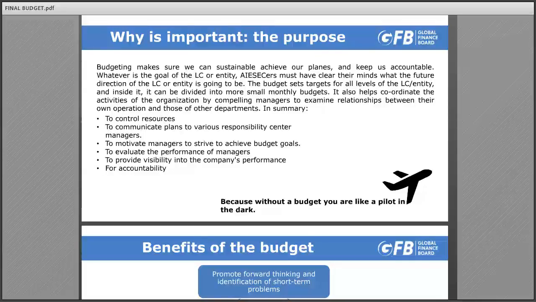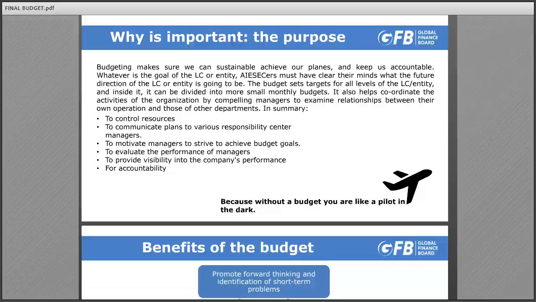The budget sets targets for all levels of the LC and entity, and inside it can be divided into smaller monthly budgets. It also helps to coordinate the activities of the organization by compelling managers to examine relationships between their own operation and those of other departments, those things that we usually call synergies.